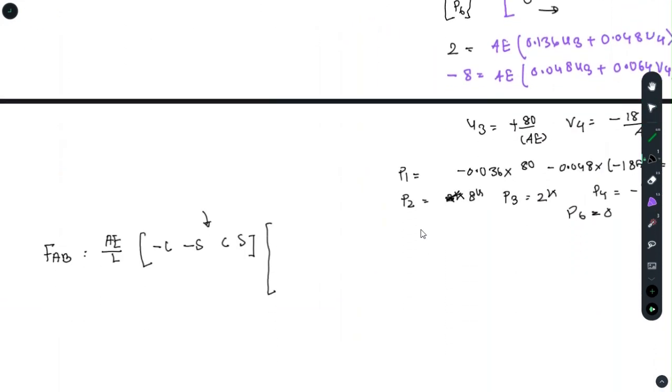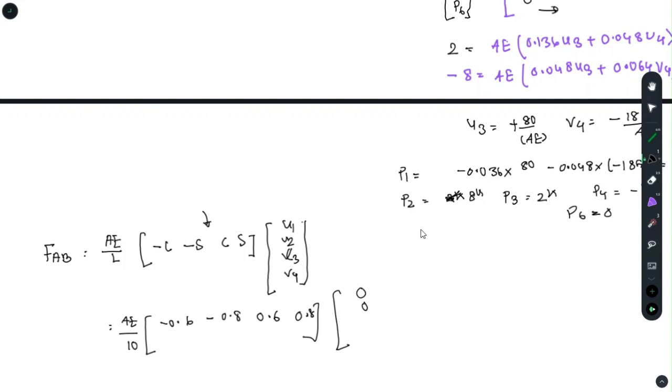So we write that: U1, V2, and U3, V4. For the AB matrix, we don't know the AE value, but we know the L value, which is 10, and minus C, which is minus cosine theta, which has a value of minus 0.6, and for sine theta, minus 0.8. So the next two values are 0.6, 0.8, and U1 and V2 are actually 0, and U3 is 80 over AE, and V4 is minus 185 over AE.